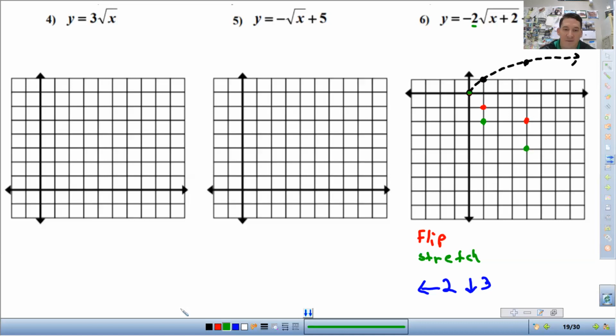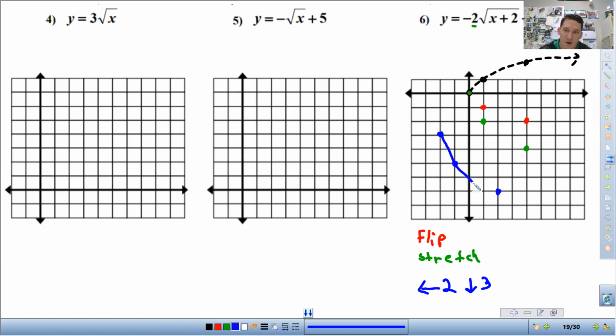All right. And then from the green points, I'm going to do the shifts. Left 2, down 3. So 1, 2, down 1, 2, 3. Left 1, 2, down 1, 2, 3. Left 1, 2, down 1, 2, 3.